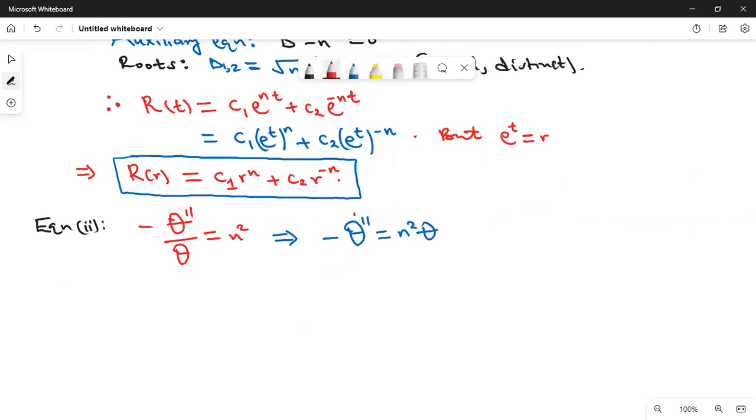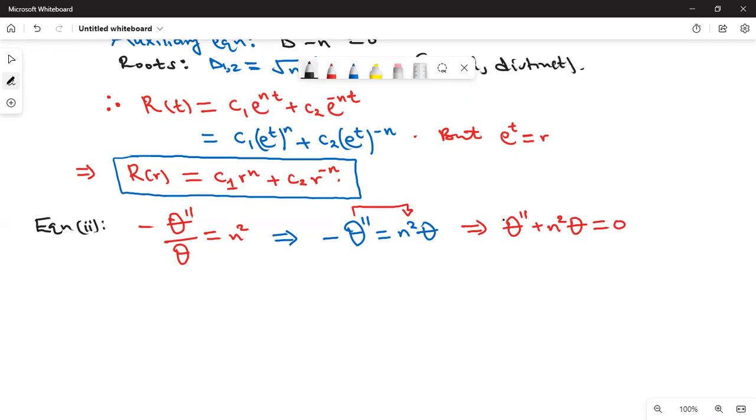Now, if I take this to the right-hand side, this can now be written as theta double prime plus n squared theta is equal to 0. Now, the prime here is now derivative with respect to the small theta. Take note. We can now write this in terms of the d operator.